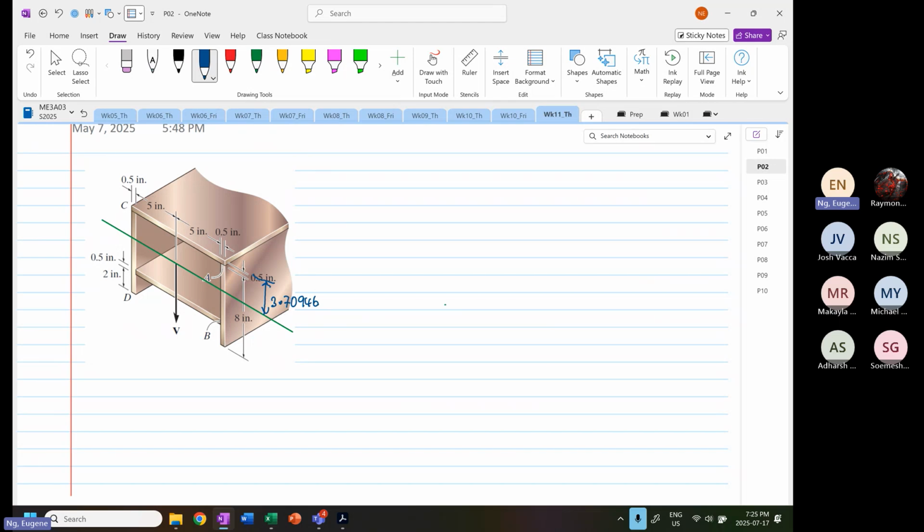Okay, so I'm going to show you two ways of looking at it. We can do it either from the top section or the bottom section. The answer will be the same.